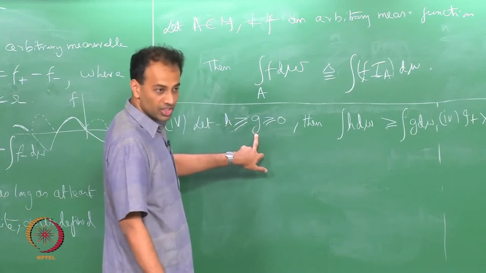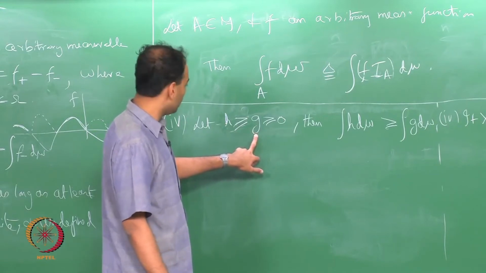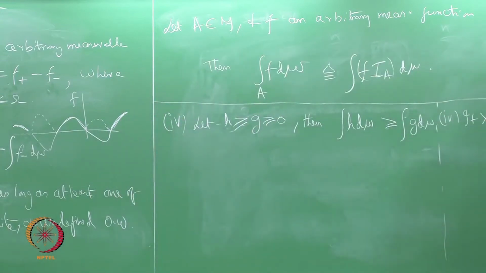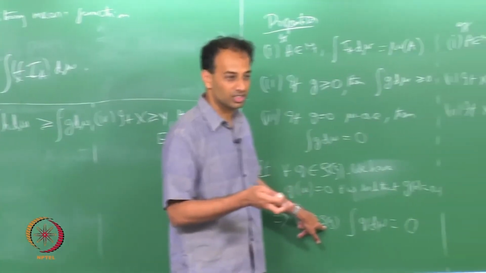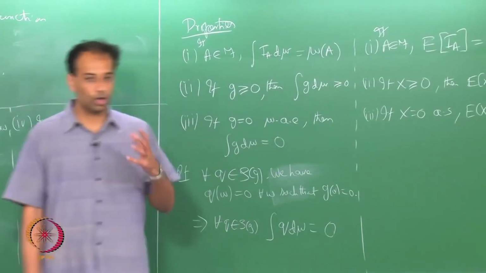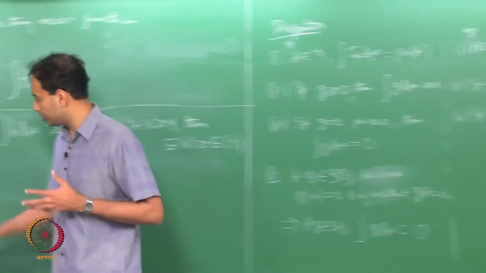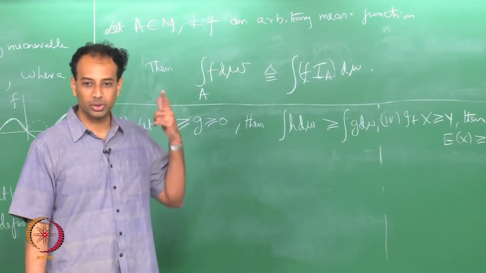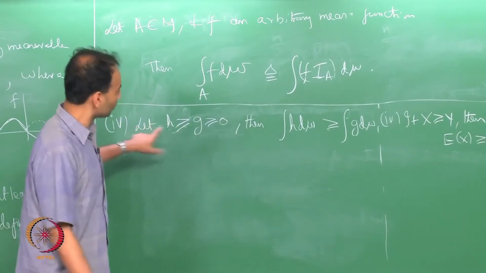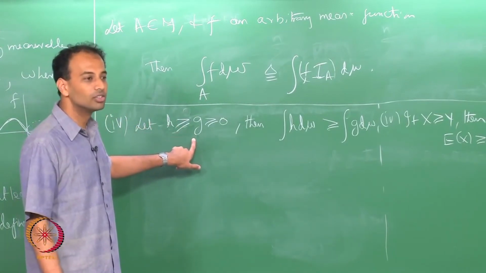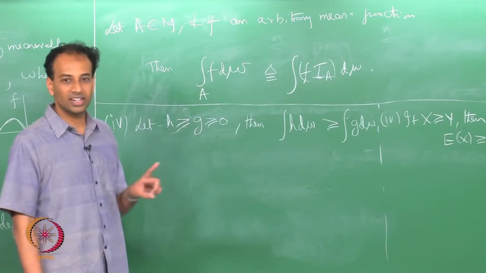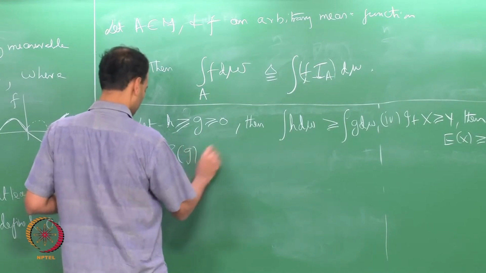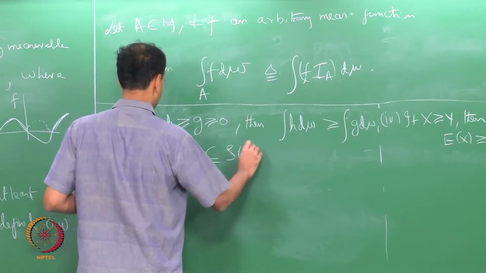H is bigger than or equal to G, which means, you remember S G, correspondingly there will be S H. S G will consist of all those simple functions which are less than or equal to G, and S H will consist of all those simple functions which are less than or equal to H, but H is always bigger than or equal to G. So S G is contained in S H because of this.